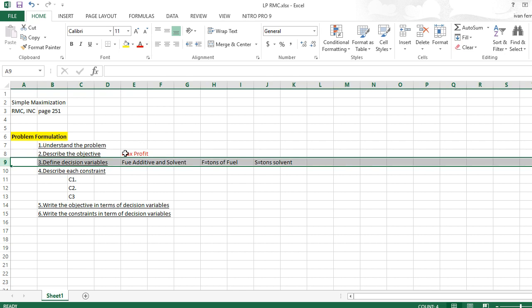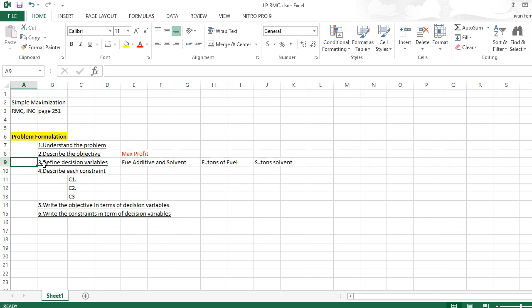Now, once you know what it is that you're trying to do, you need to figure out, well, based on what? What are the variables here? Well, the variables are the two products that you are going to be producing. Those two are going to give you that profit. And in this case, it is a fuel additive and a solvent, right from the problem. So give it a name.